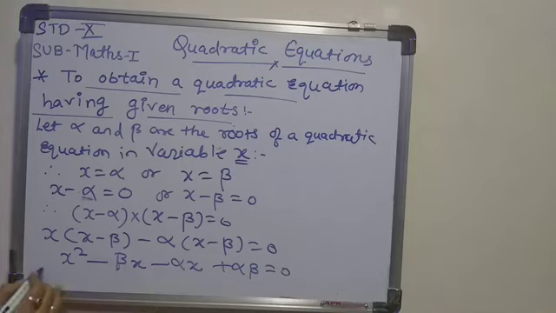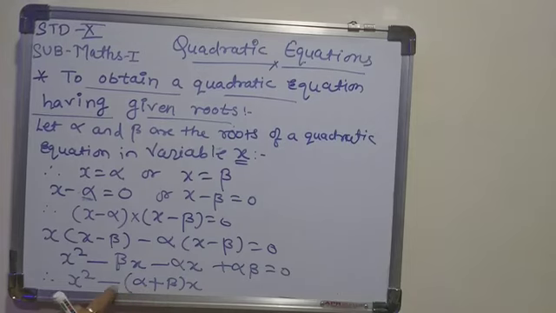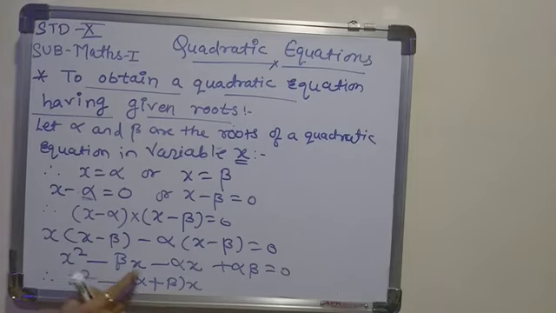X is common, so therefore your final answer is x square minus, take out minus x common. If you are going to remove the minus x, you will get in the bracket alpha plus beta, right? Now open the bracket, minus x into alpha is minus alpha x, minus x into beta is minus beta x.